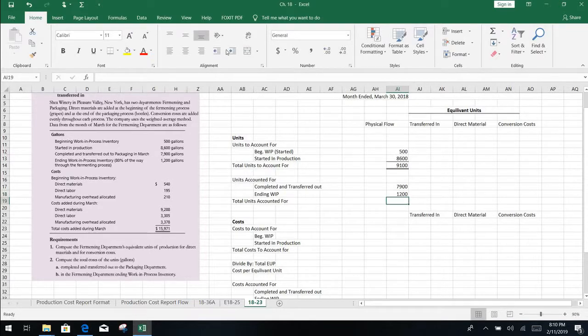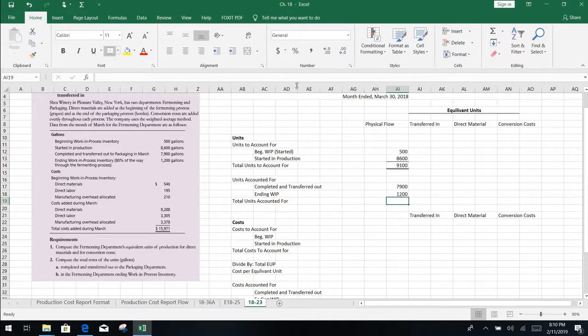And that also has the formatting. Let's auto sum that. Double click, 9,100 and 9,100. So those two values match. We're good to go.